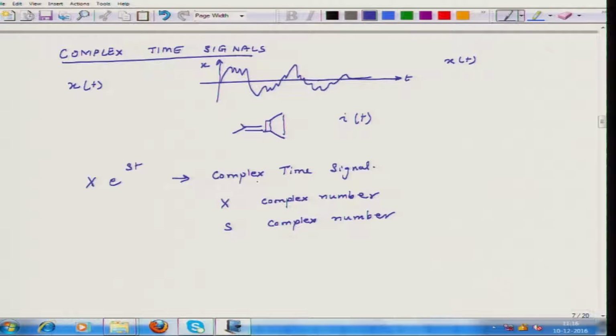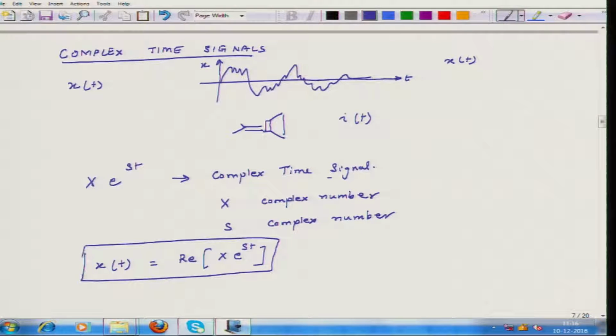The relation between a complex time signal and a real time signal is that x(t) is equal to the real portion of this complex time signal. So if I know a complex time signal and I want to figure out its actual physical component, I take its real component and that is x(t).